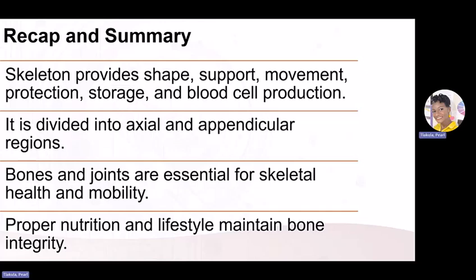It is divided into axial and appendicular regions. Do you agree? Yes. Bones and joints are essential for skeletal health and mobility. Proper nutrition and lifestyle maintain bone integrity. Do you agree? Yes.